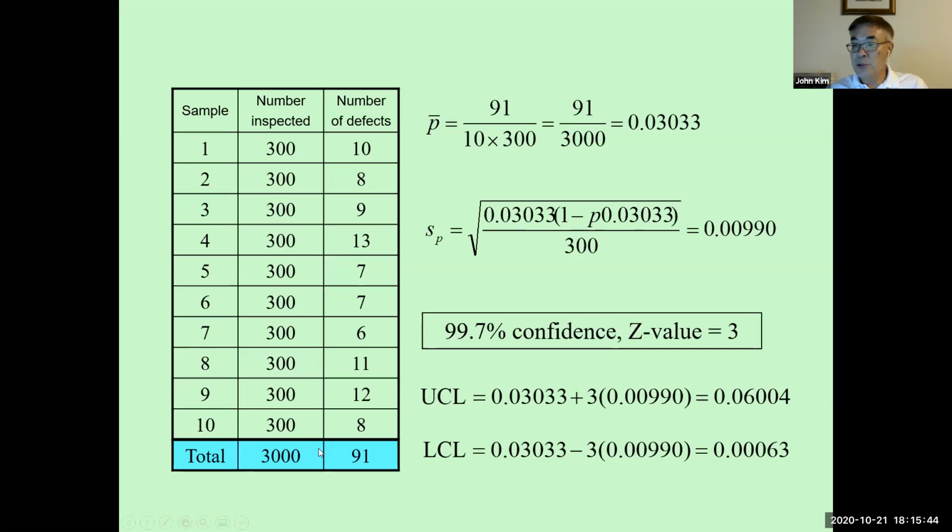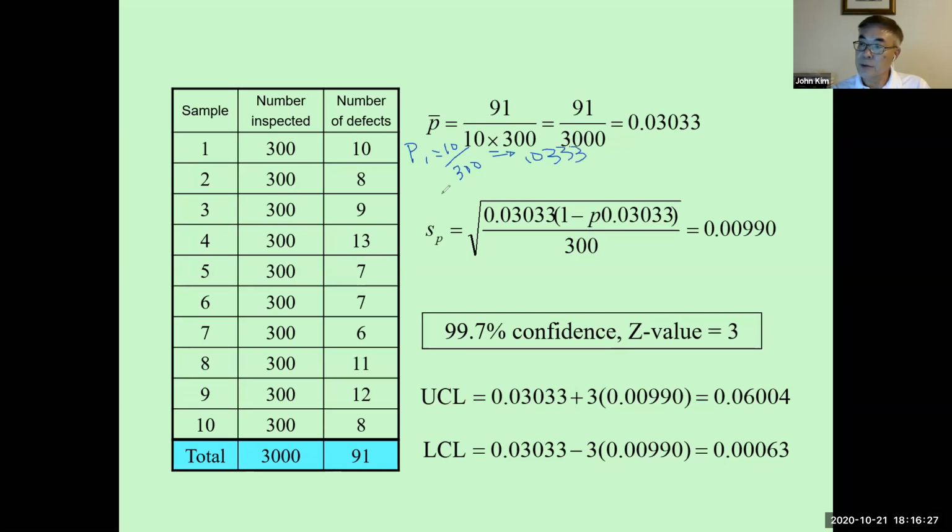Because we use P bar, and then each one is the probability of defect in the first sample, second sample, and so on. So P, the probability of each sample, P1 equals 10 defects divided by sample size, that is 0.0333.